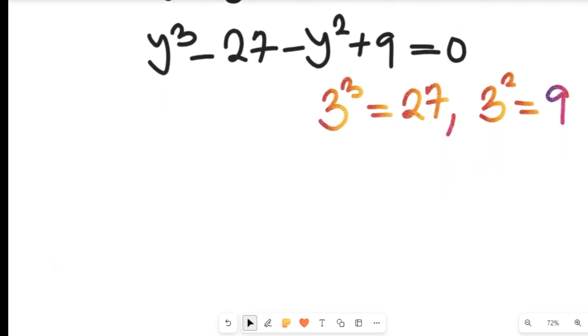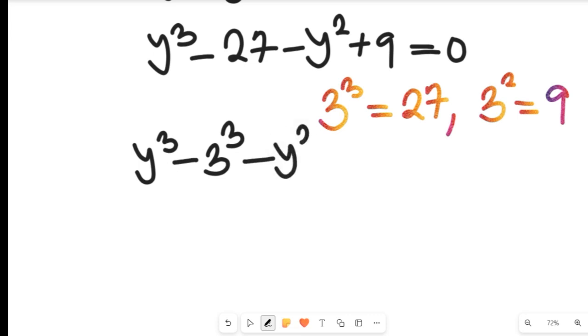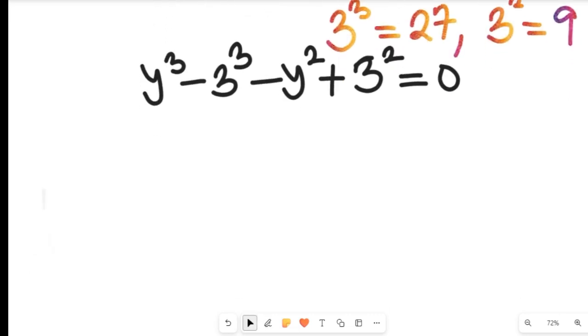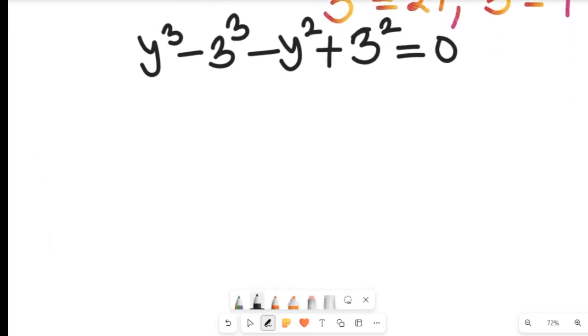So if we substitute 27 and 9 in that expression, the equation becomes y to the power of 3 minus 3 to the power of 3, minus y to the power of 2 minus 3 to the power of 2, and this will be equal to 0, right?